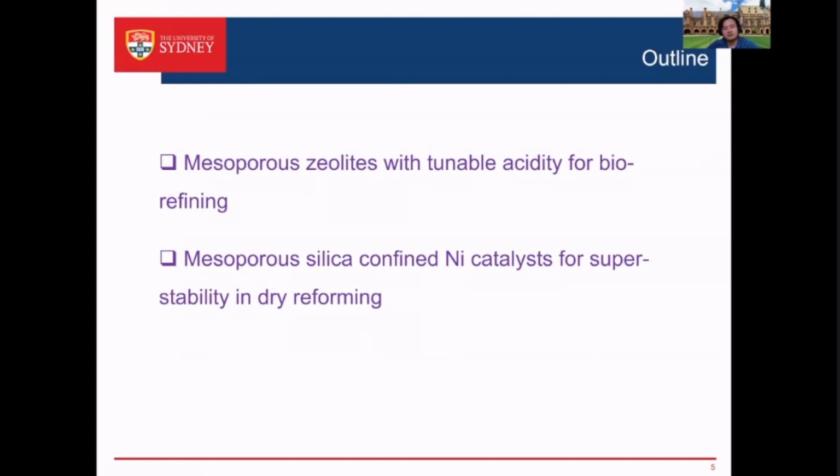The outline of this talk mainly focuses on two parts. The first part, we want to improve the size and diffusion structure for the big molecules normally involved in biorefining, and for the zeolite, which can help us improve efficiency in the biorefining process.